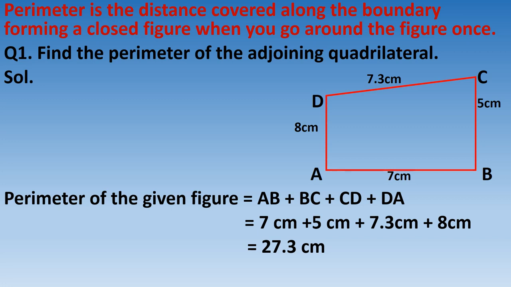DA is 8 centimeter. So 7 centimeter plus 5 centimeter plus 7.3 centimeter plus 8 centimeter is equal to 27.3 centimeter. This is the perimeter of the quadrilateral.